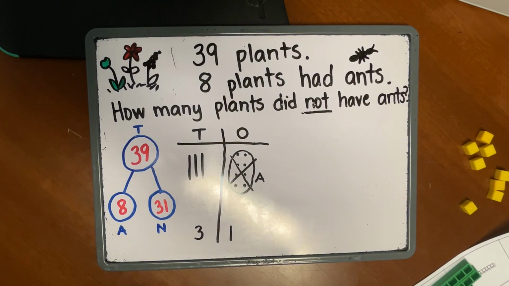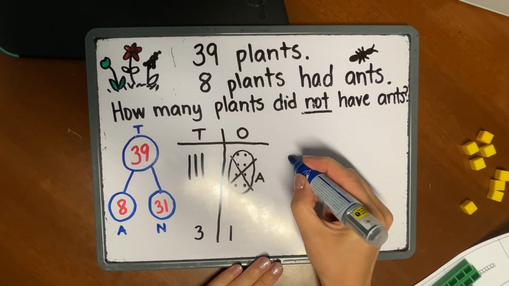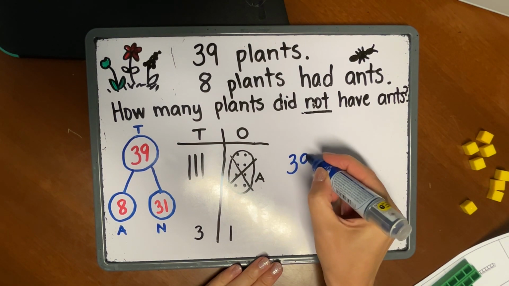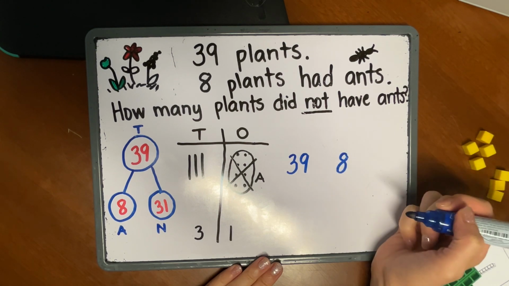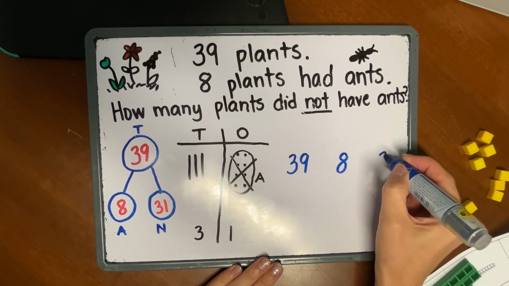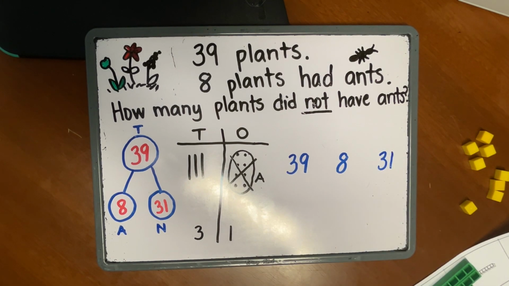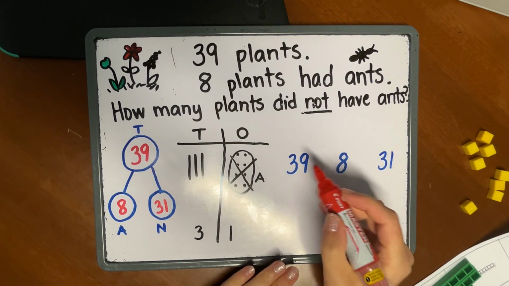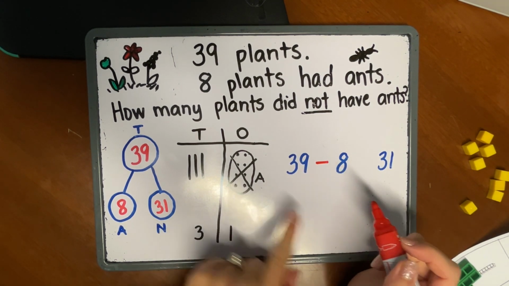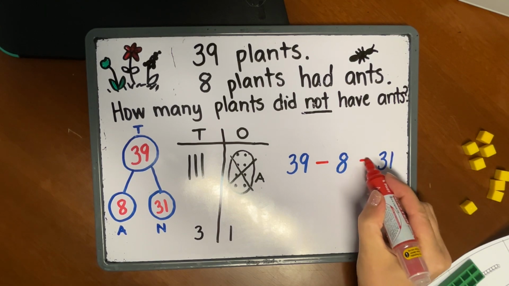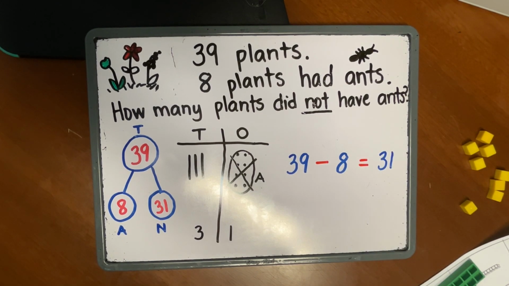How can we write this problem? Well, I know that we started with 39 plants, and then 8 had ants, and 31 did not. What symbols can I use? Well, 39 and then we took away the 8, and that is the same as 31.